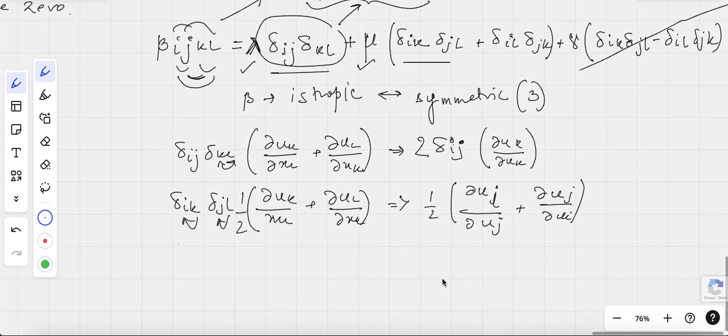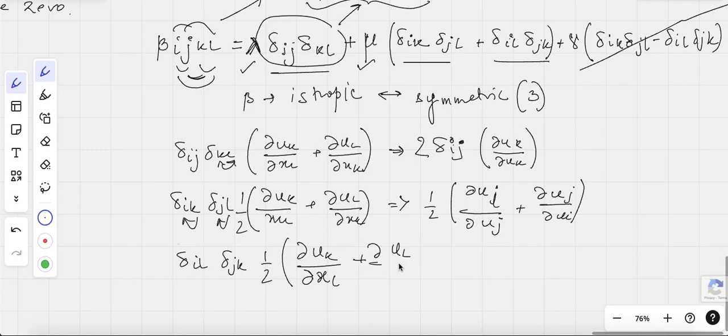Similarly, now if we use this term delta il delta jk, half du_k by dx_l plus du_l by dx_k, half du_j by dx_i.